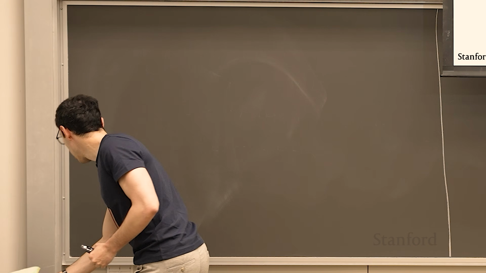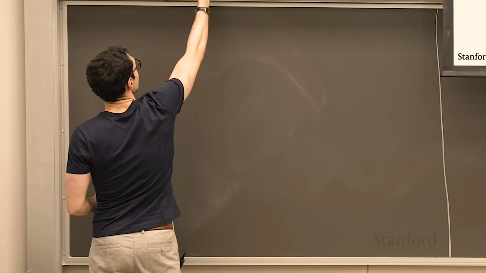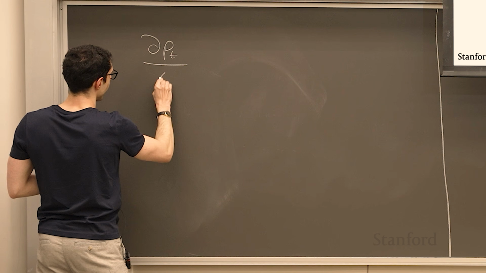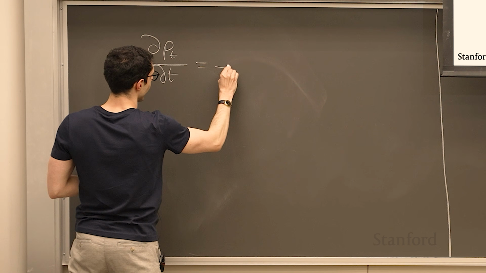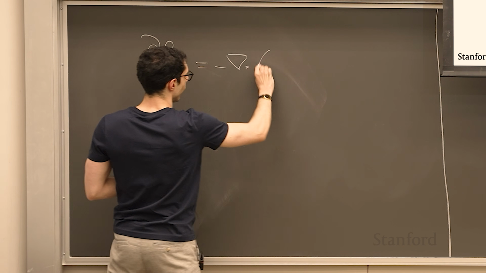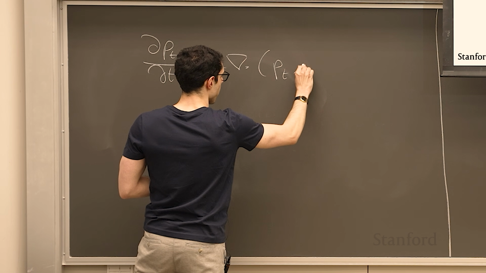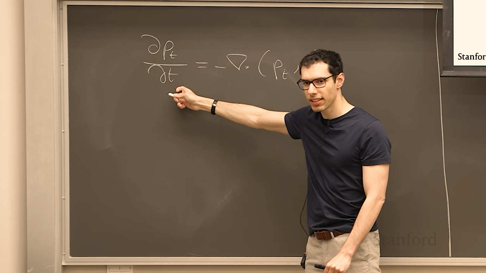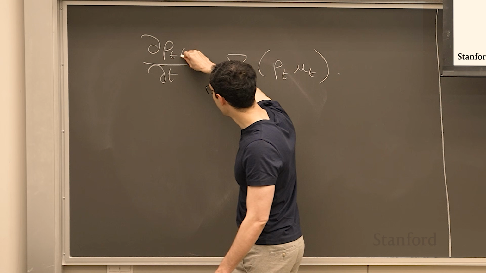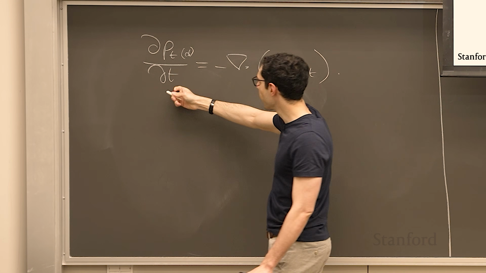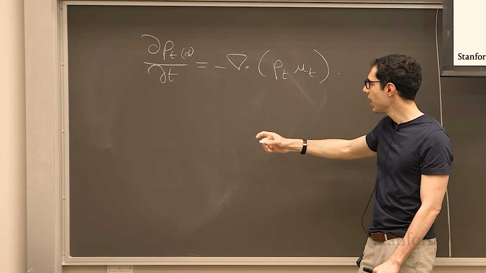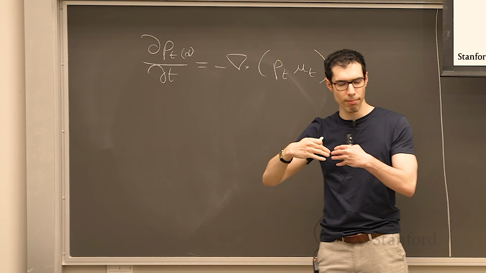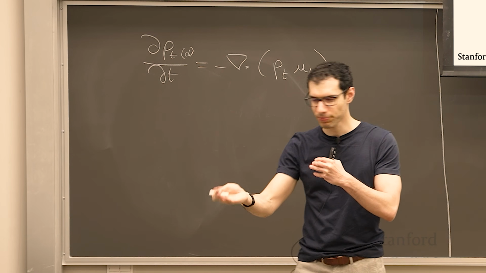So I'm going to write it down. So what we're saying is that the temporal evolution of the density at a given location is given by how much density is coming in minus how much density is coming out.